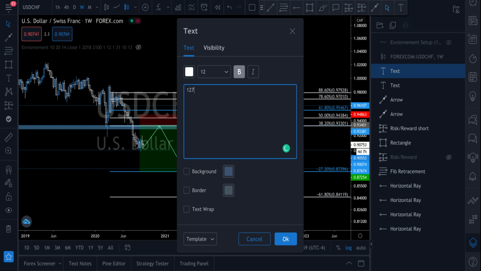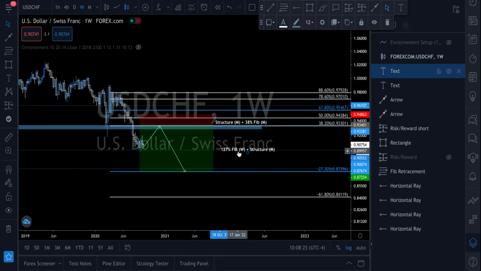This is going to be the 127 extension of extension. We'll just do fib. So it's the weekly leg extension, and this was also critical area of structure. So this was structure, previous structure, but this was on the monthly time frame, if you remember. So that's why this area is critical.